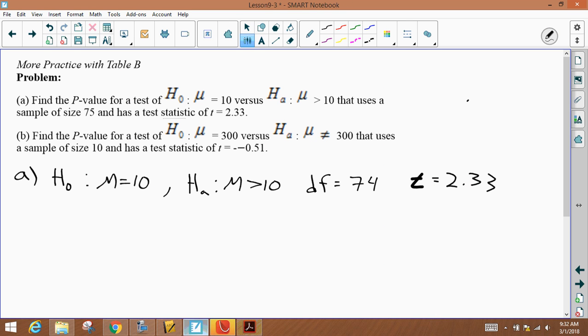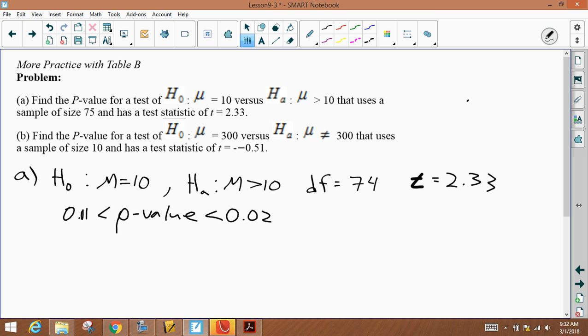So we wind up with a p-value between 0.01, sorry, 0.01, I wrote that wrong, and 0.02.